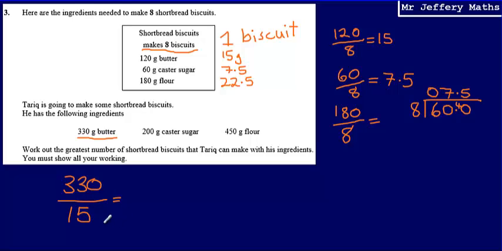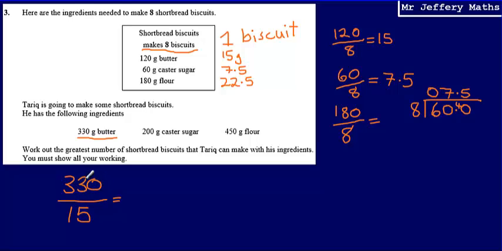And again, we could use a bus stop method for this. The way that I'm going to do this is I'm going to think, how many 15s are there in 300, which is double 150. So 15s in 150 is 10. 15s in 300 then would be 20.